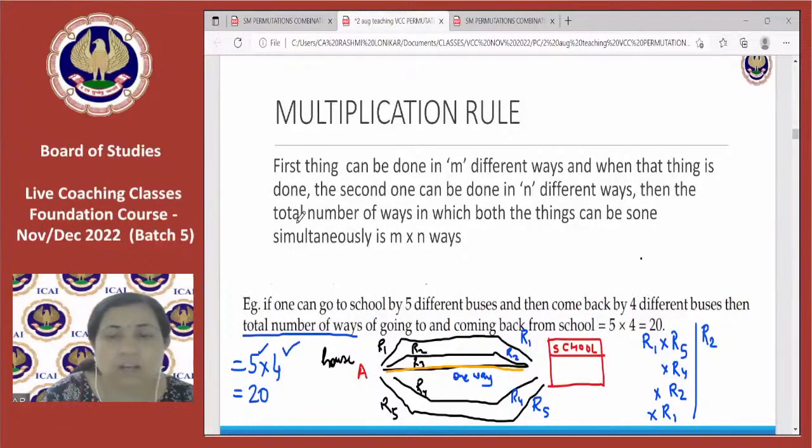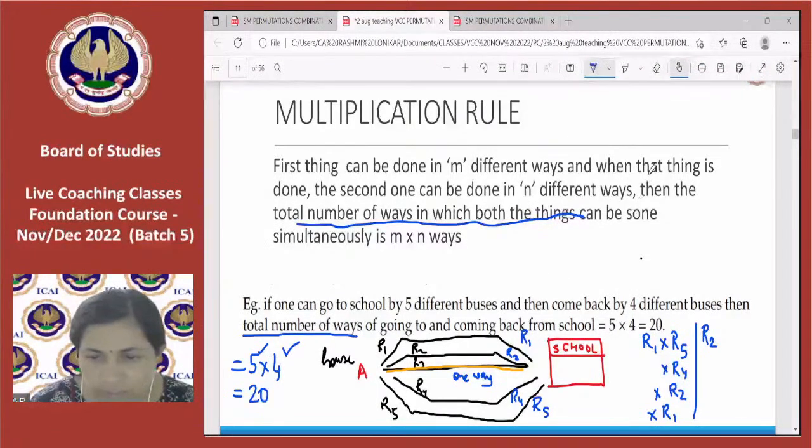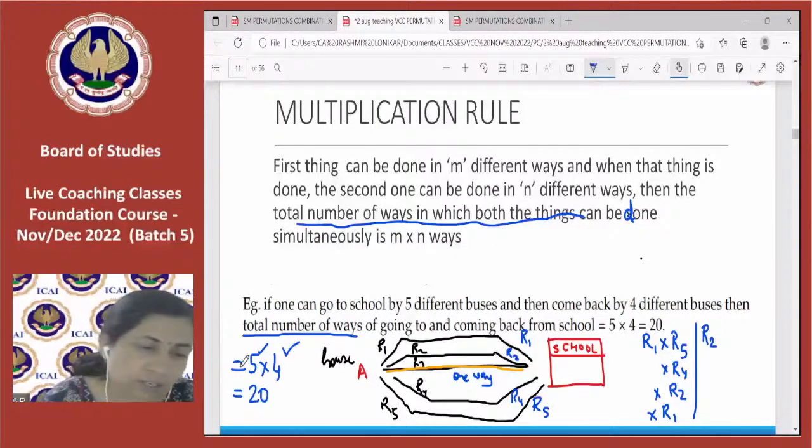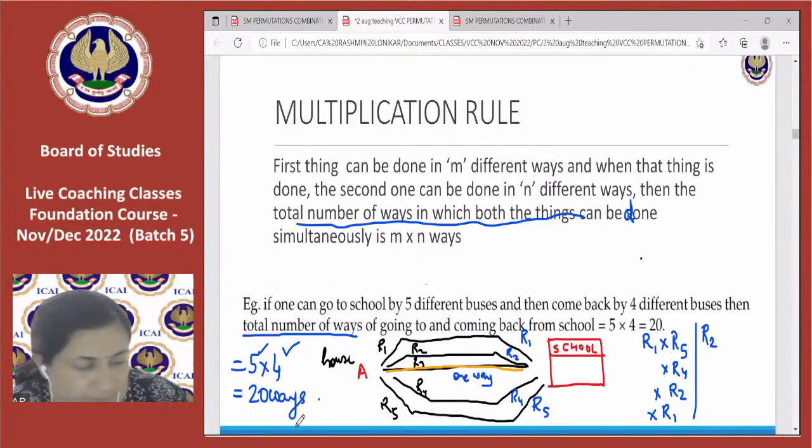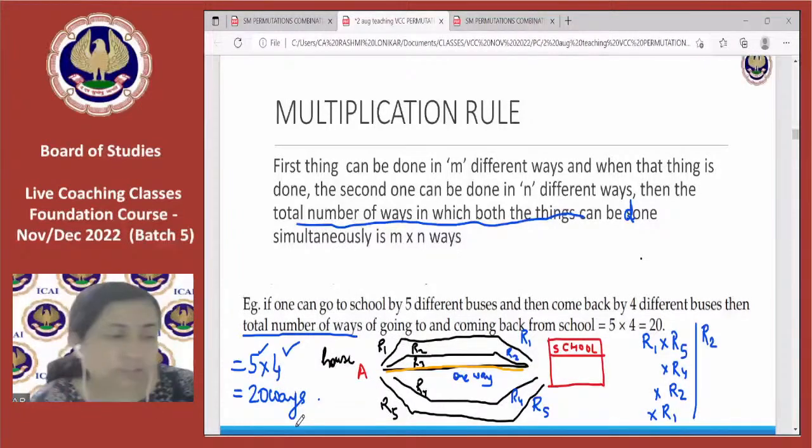So the total number of ways in which both the things can be done simultaneously is m into n. So these are 20 ways in which we can do that. Understood?